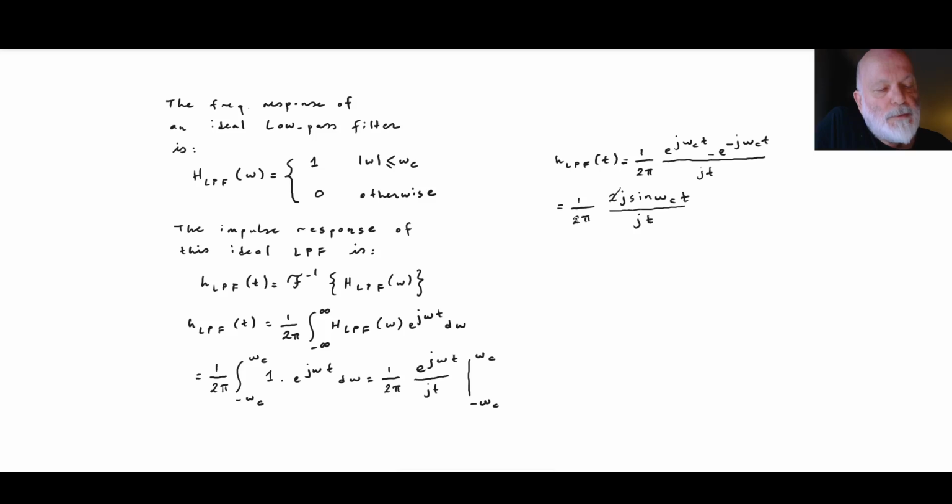So 2's will cancel out and j's will cancel out. Therefore, the impulse response of the ideal low-pass filter is equal to sine omega c t divided by pi t.